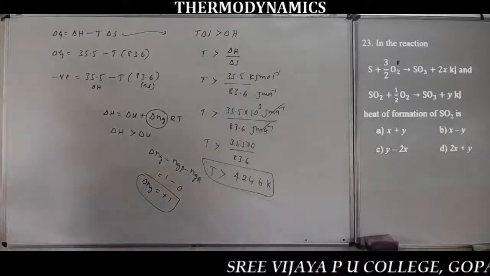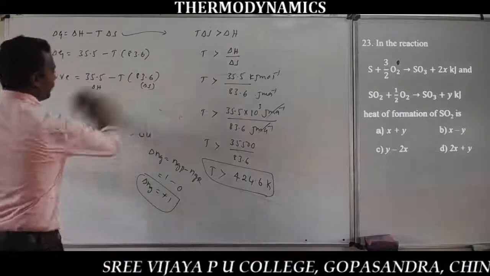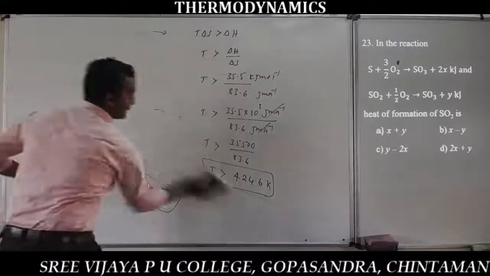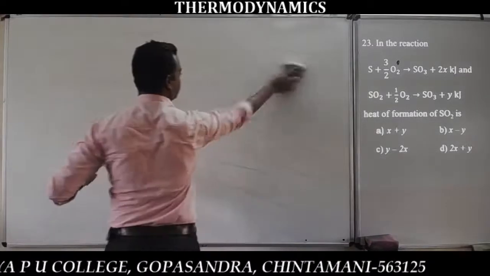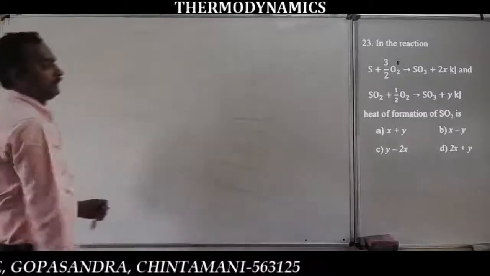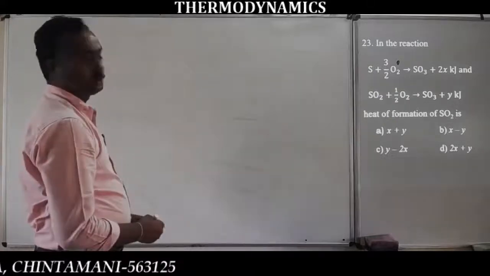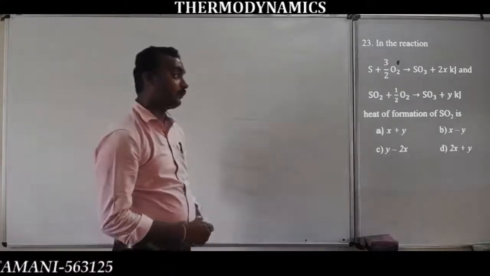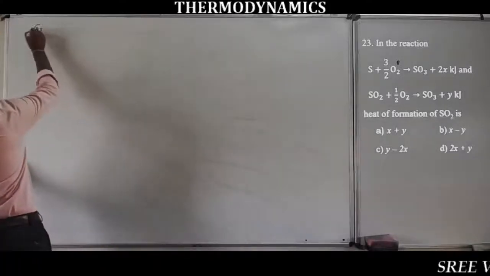Next, in the reaction S plus 3/2 O2 giving SO3 plus 2x kilojoule per mole, and SO2 plus half O2, that is SO2 giving SO3 plus y kilojoule, the heat of formation of SO2 is asked. So be careful.